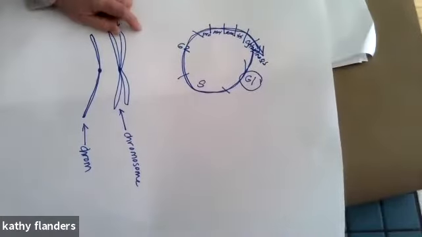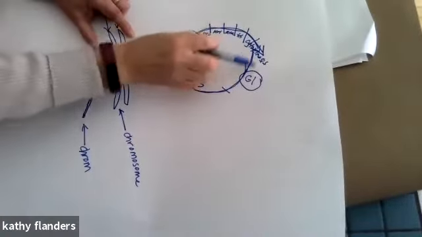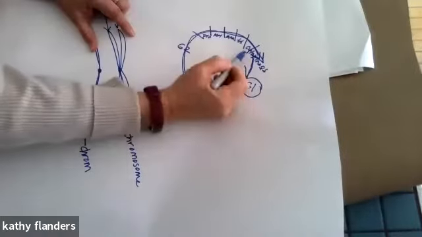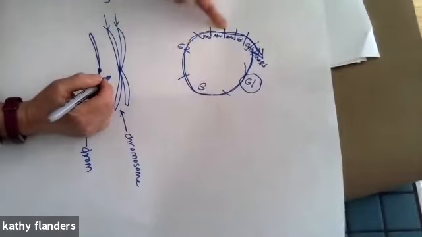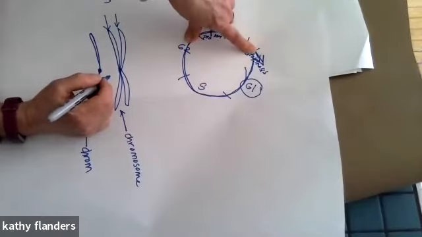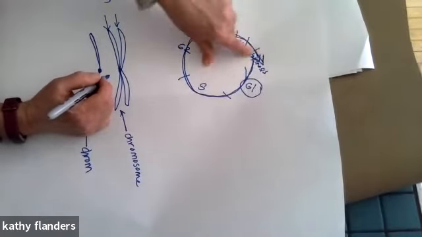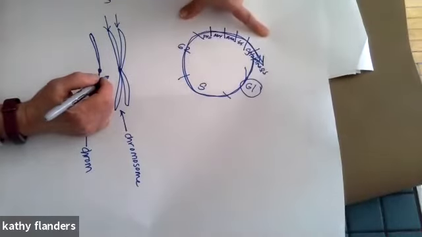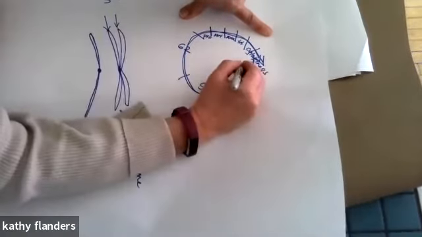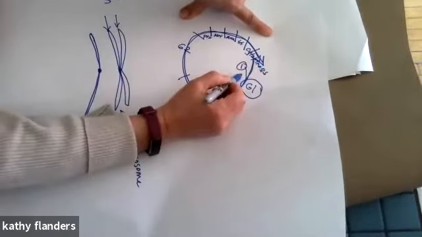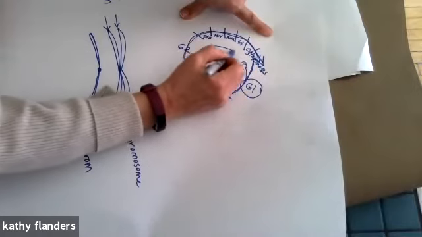Let's think about it for a second. If this is my cell cycle and cytokinesis is at the end, if I start with one cell and I go around the cell cycle, how many cells do I have after cytokinesis? I start with one cell here and I go around this way.